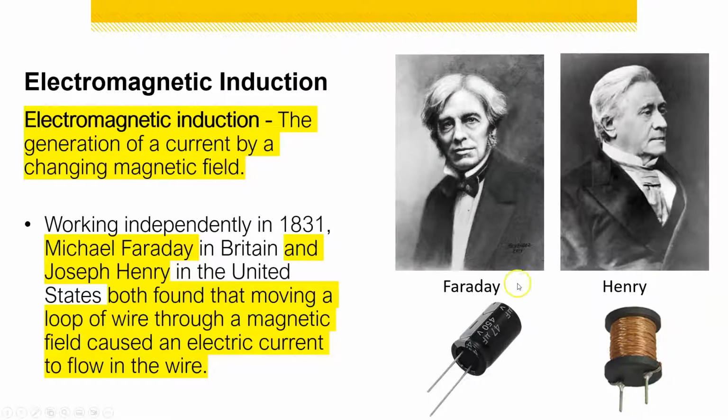And of course, what's cool about this is that it's such a big thing that they gave Faraday his very own unit. The farad is a unit of capacitance, or the ability to store charge. And Henry got his own unit too. A henry is the unit of inductance, the ability to store current.